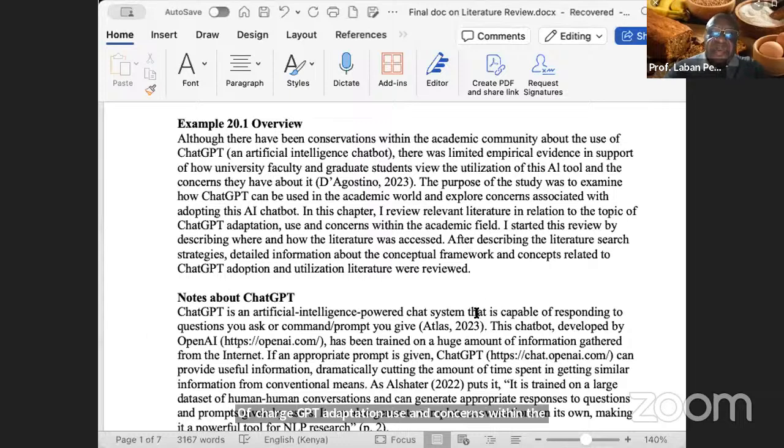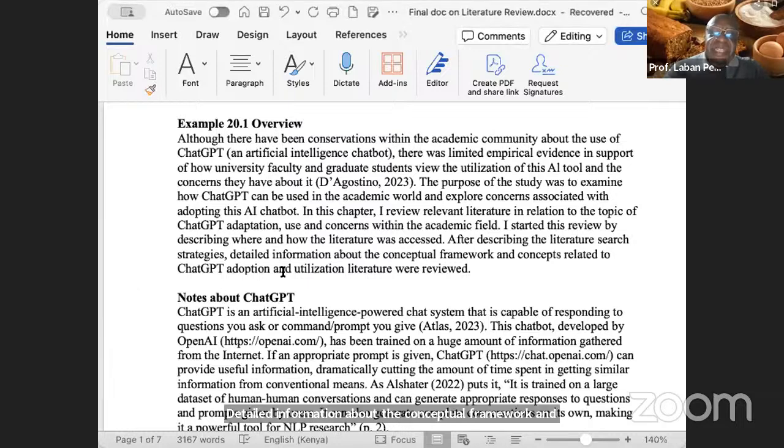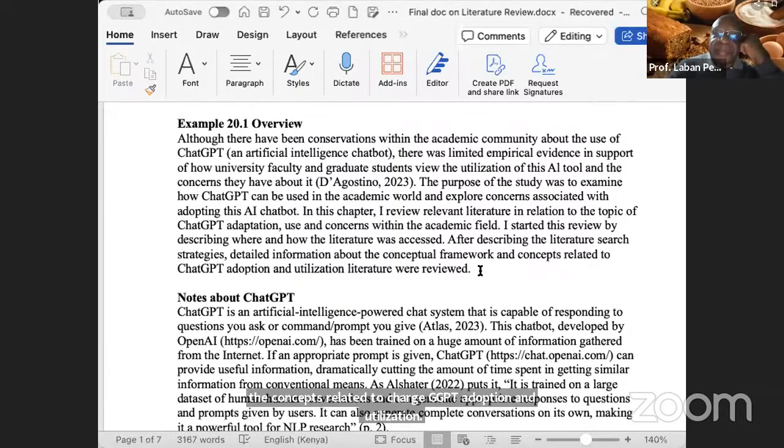The review was done by describing where and how the literature was assessed. And after describing the literature search strategies, detailed information about the conceptual framework and the concepts related to ChatGPT adoption and utilization literature were reviewed.